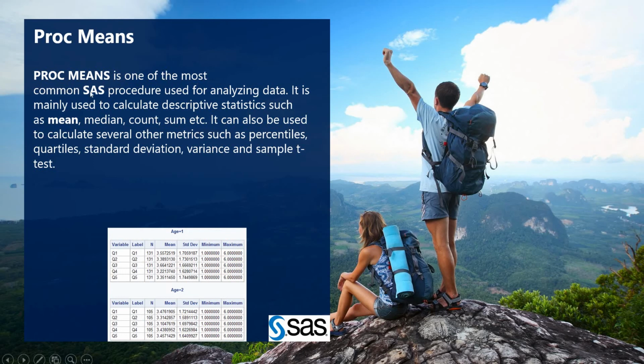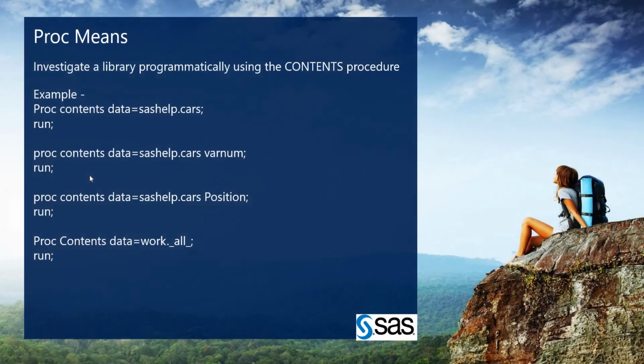Proc means is the most common SAS procedure for analyzing data. It is mainly used to calculate descriptive statistics such as mean, median, count, sum. It can also be used to calculate several other metrics such as percentiles, quartiles, standard deviation, variance, and the sample t test. Let's see an example of proc means.